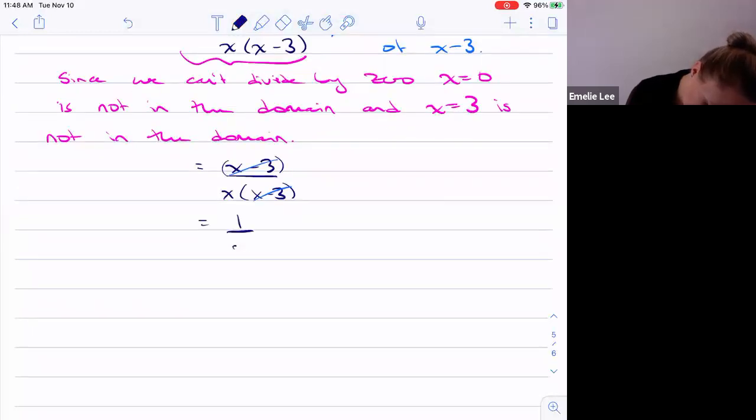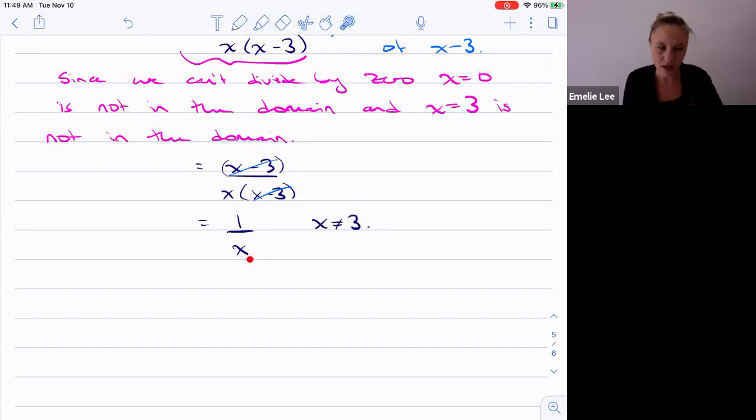We can simplify this to 1 over x, as long as x is not equal to 3. Obviously, because we have 1 over x, x can't be 0 as well. But the added condition that x can't be 3, we can't see here.